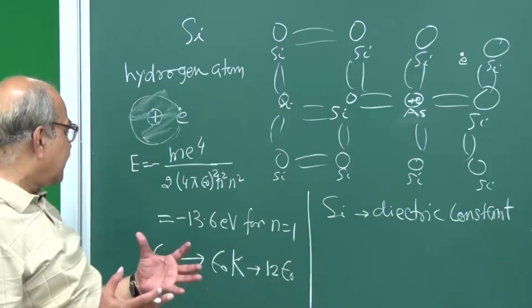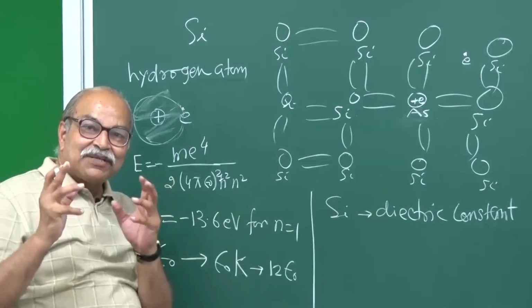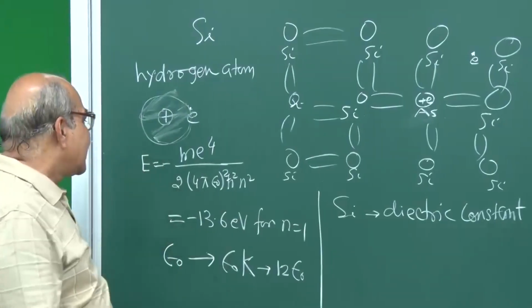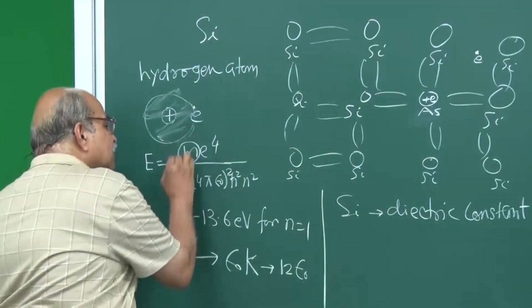And the second, which is somewhat more abstract, is the mass of this electron.